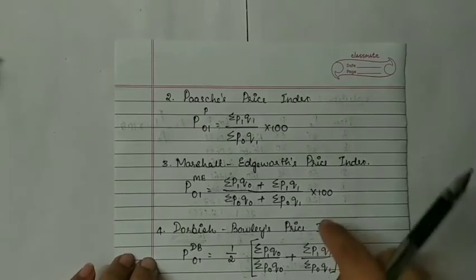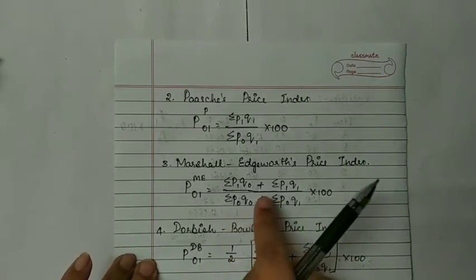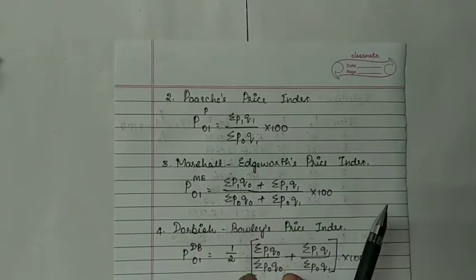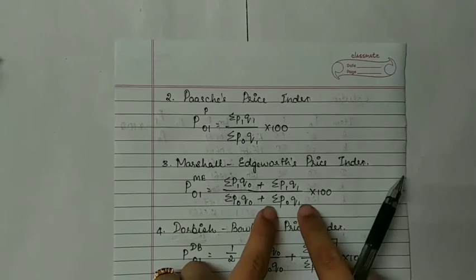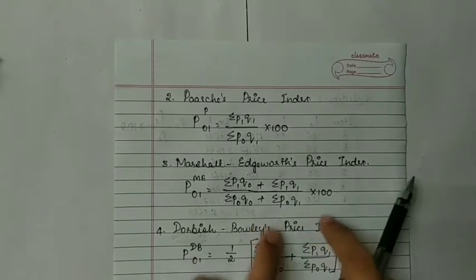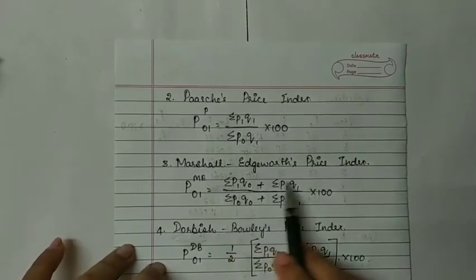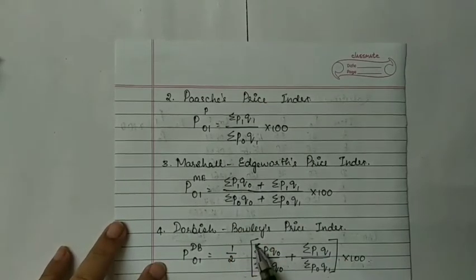This again is similar to the previous one. Here the first part was Laspeyres, here also the first part is Laspeyres. The second part was of Paasche, here also the same thing. But there we added the first two terms, and here we are adding the entire formula.